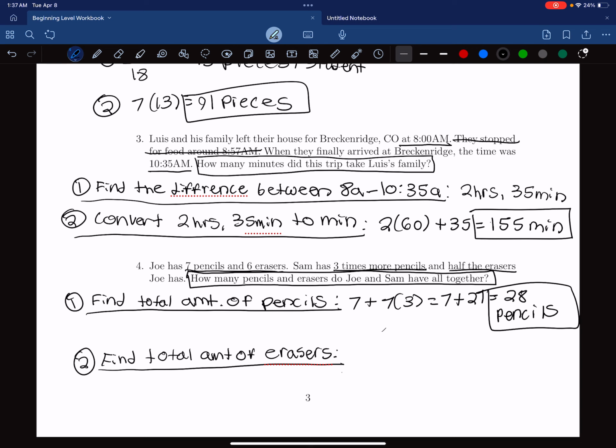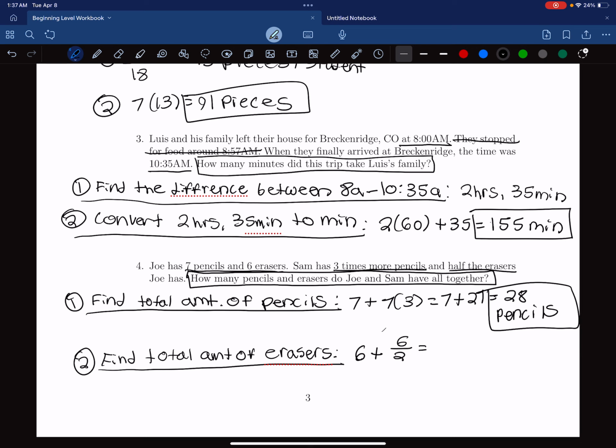So to find the total amount of erasers, we're going to take 6, because we know Joe has 6. So let's start off with that. We're going to do 6 plus, and then we know Sam has half the amount of erasers. So to get half the amount, we're going to take 6 and divide it by 2.